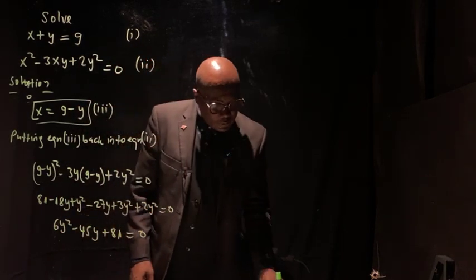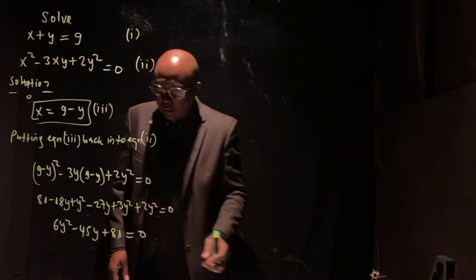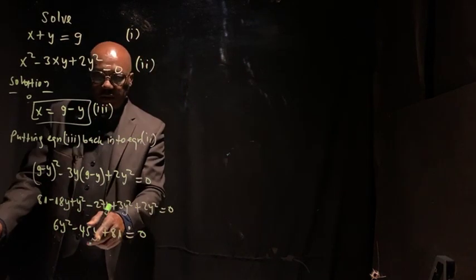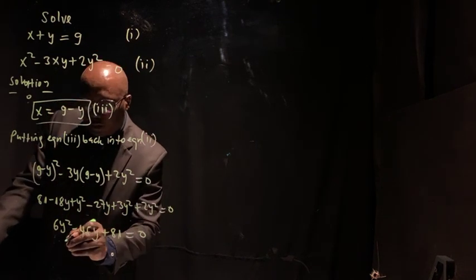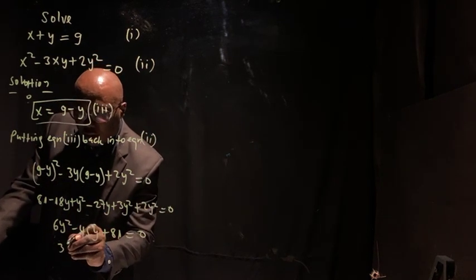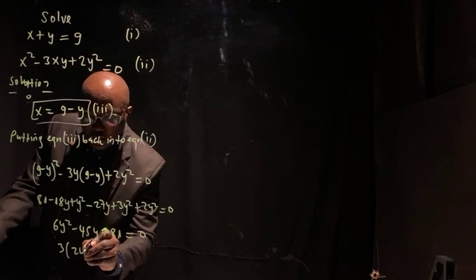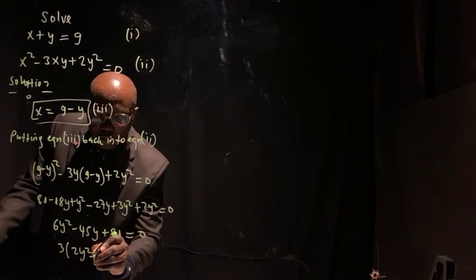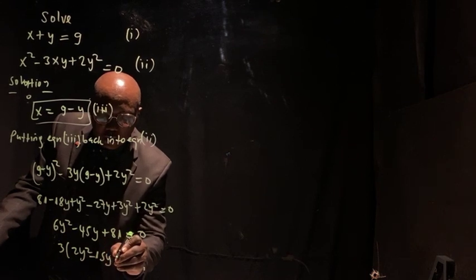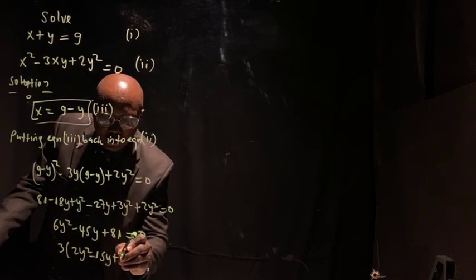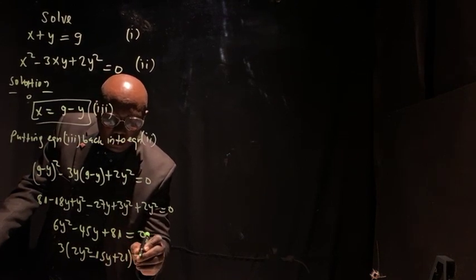Then I think we can factorize 3 outside this equation. So we can have 2y squared minus 15y plus 21 equals 0.